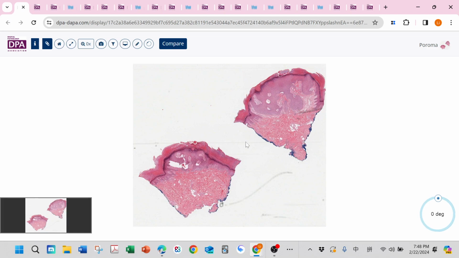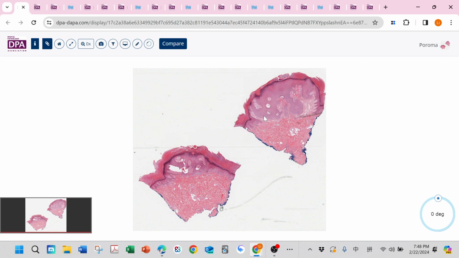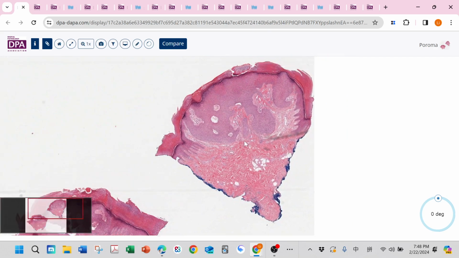Let's see one more example of poroma. This one is a little bit different, kind of exophytic or also endophytic. And then the epidermis has different anastomosing connections to the dermal components.